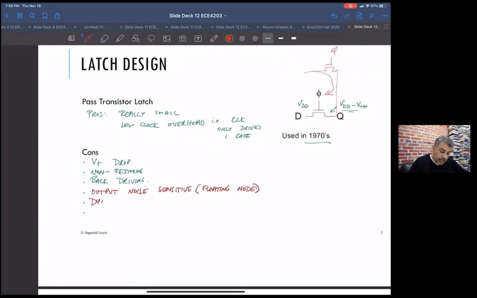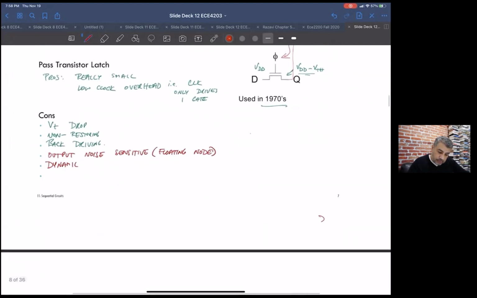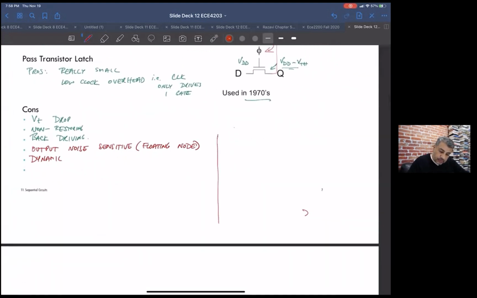It's dynamic, which is another thing you guys looked at. So what we saw in the lab, let me actually draw the whole thing. Let's say we had the clock doing this and the data doing this.